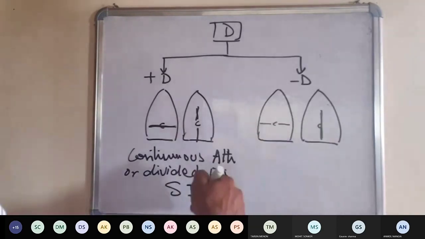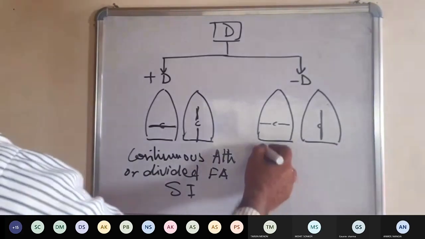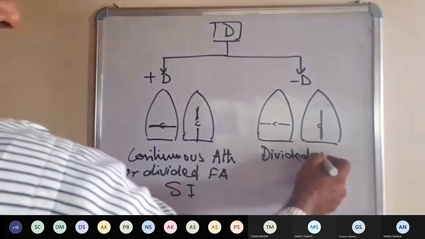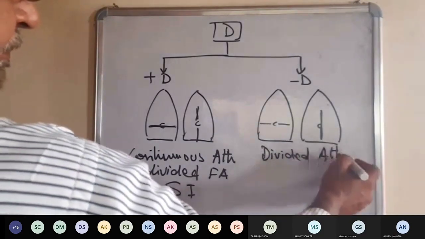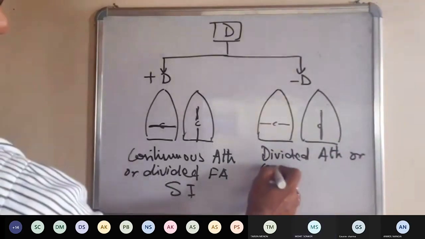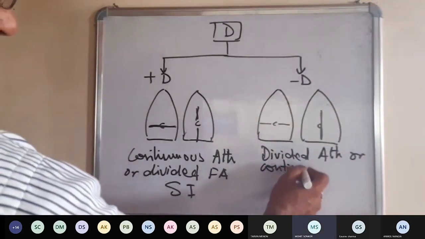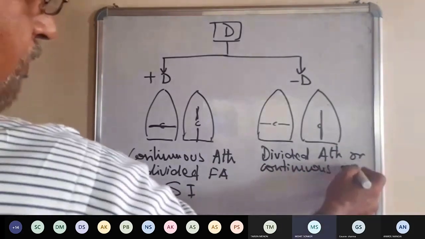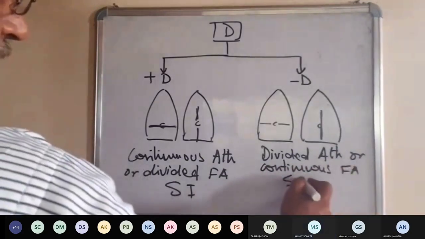In this case, it is the opposite. It is divided athwart shape or continuous forward aft soft iron.